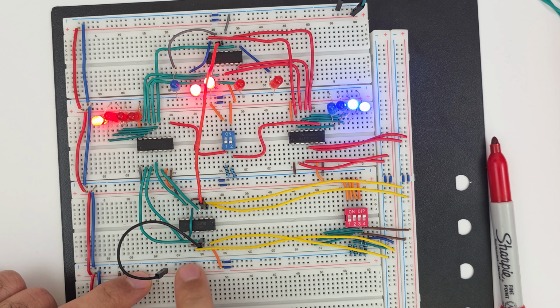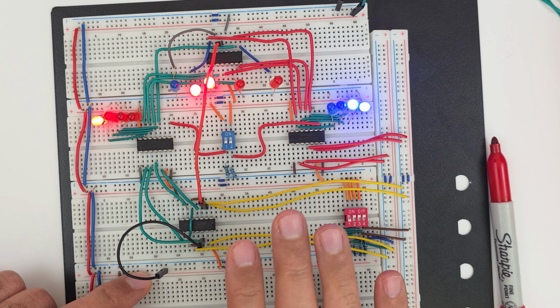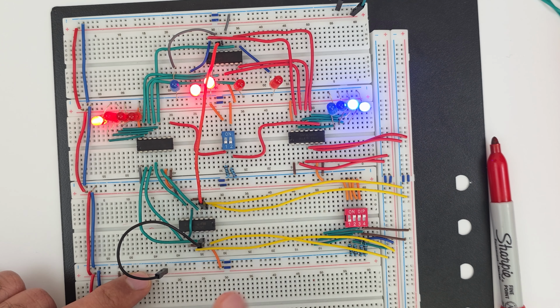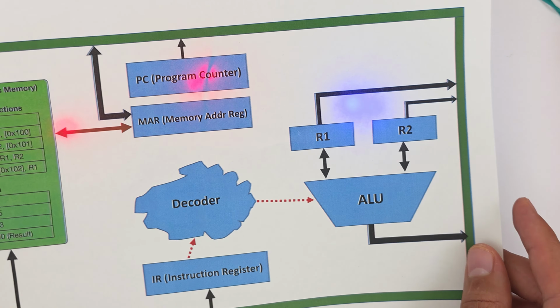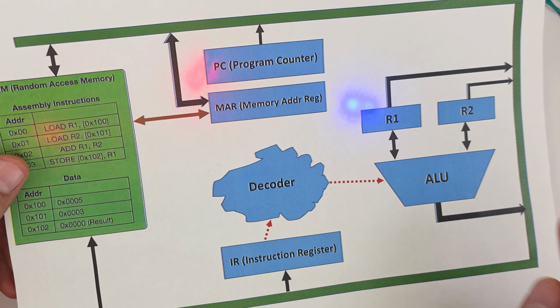But I just want to mention here that this control pin that controls the operation to be either subtraction or addition will be controlled later by the control unit of the CPU. Do you remember this image, this picture?